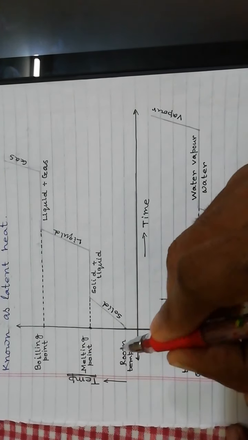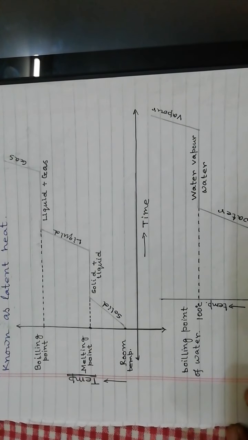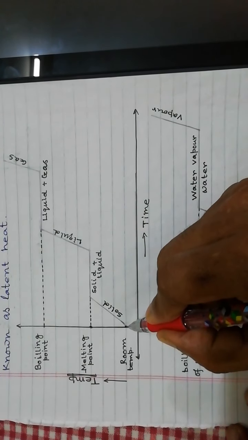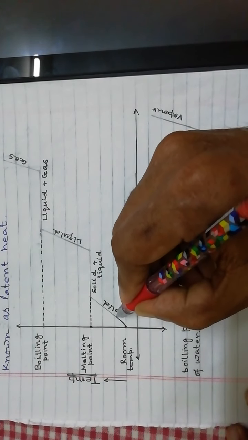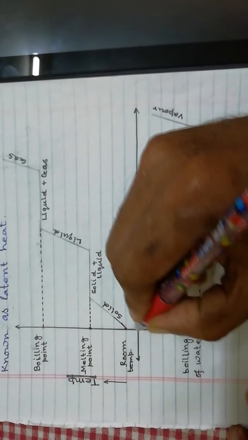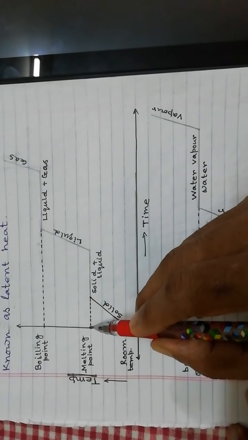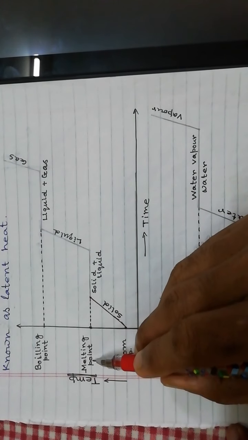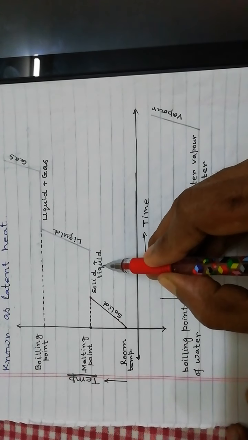Say this is the room temperature and that object is heated from that room temperature. So first of all its temperature increases, time is going on and the temperature increases. When this temperature reaches the melting point of the substance, then it starts to convert into liquid.